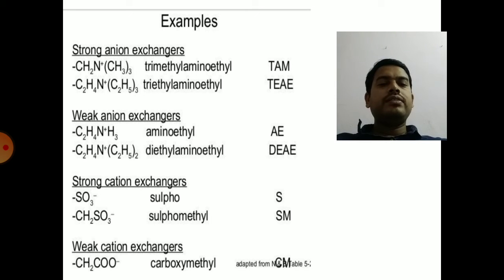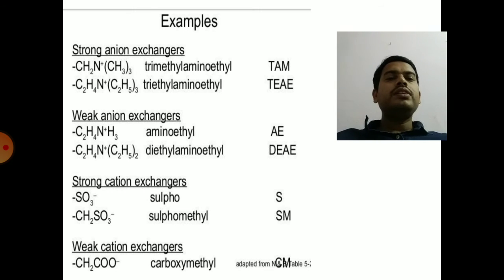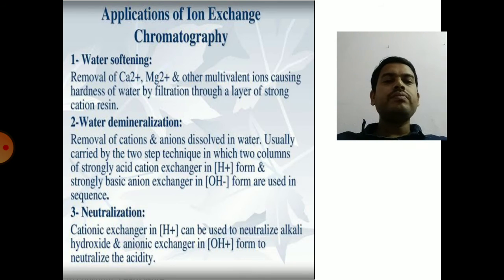Cationic exchangers, that means they contain negative charge: sulfomethyl cellulose, and weak cationic exchanger carboxymethyl cellulose. So these are the examples of the cellulose. These modified groups give a special type of charge to the stationary phase that is packed in the column. So those are examples of cationic and anionic exchangers.